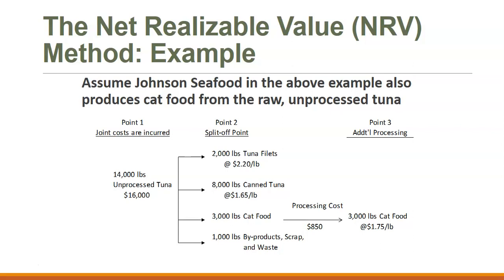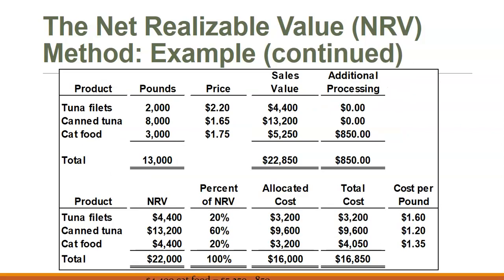It costs $850 to additionally process that. So when we look at the net realizable value, then we have that cat food with additional processing is also a possibility of creating sales value.